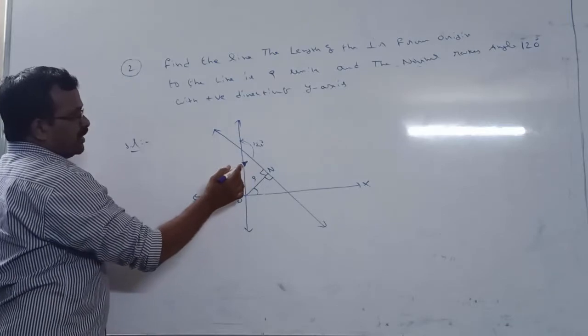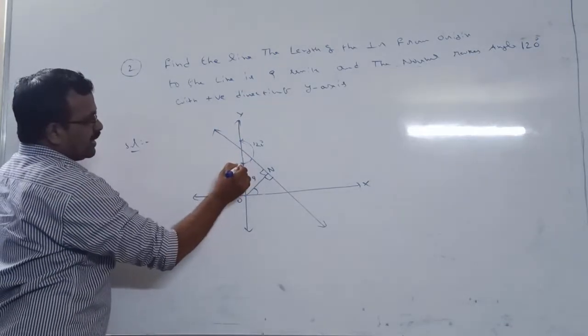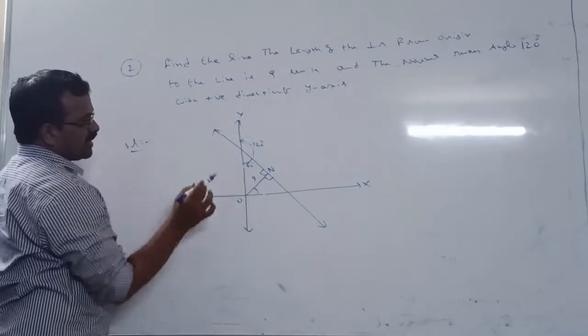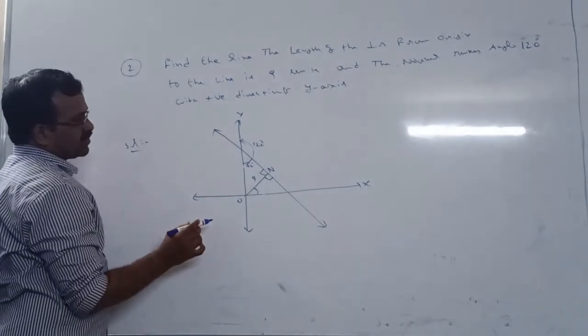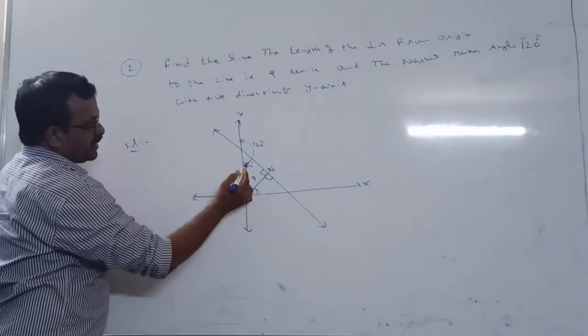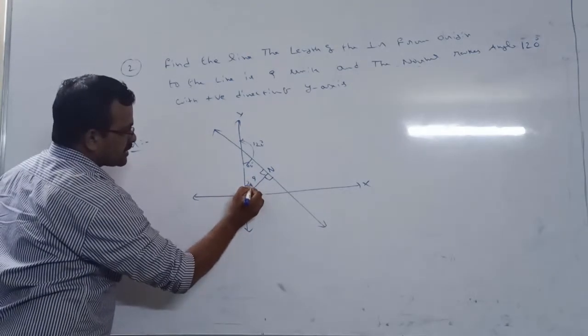According to the linear pair, this angle should be 60 degrees. 60 plus 90 is 150, so in the triangle, according to the angle sum property, this angle is 30 degrees.